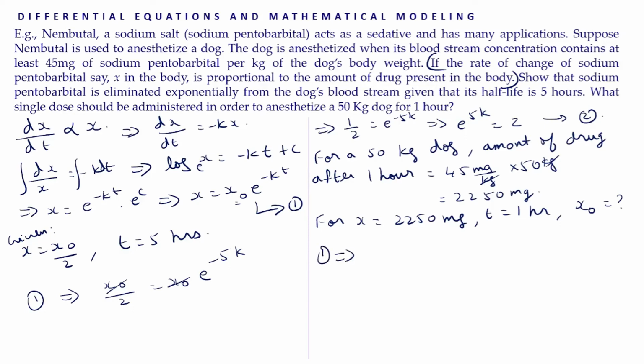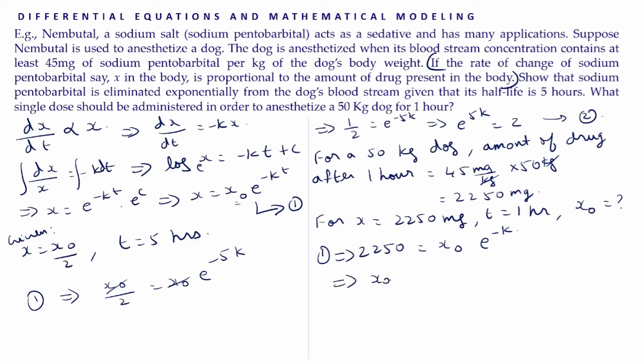From equation 1, 2250 equals x naught into e raised to minus k. Now we already got e raised to 5k as 2. So e raised to k will be 2 raised to 1 by 5.